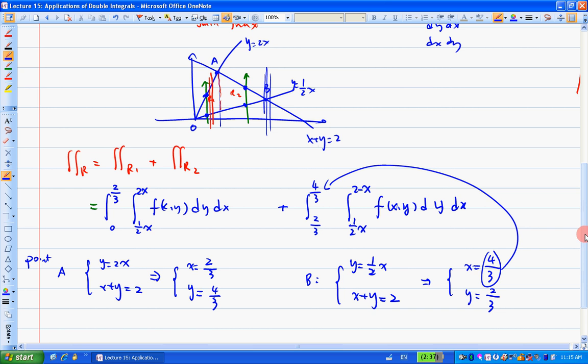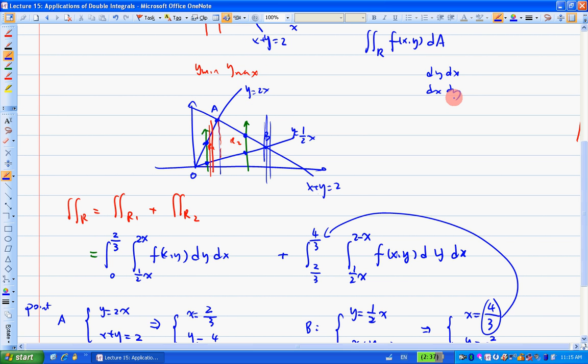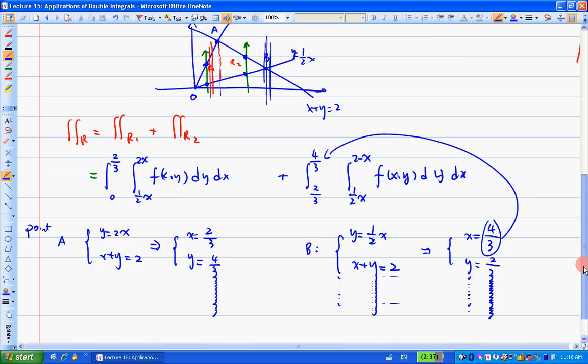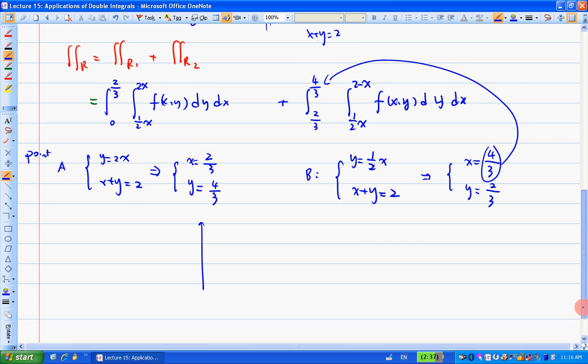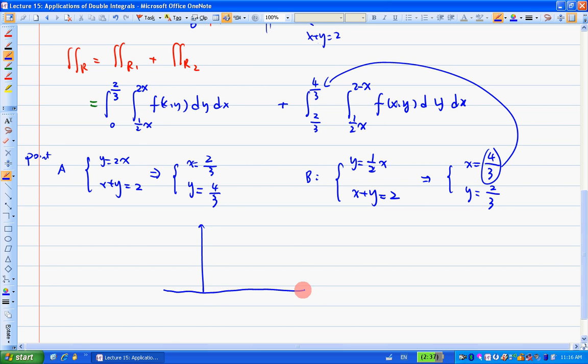What if you decided to integrate dx dy, this order, instead of dy dx? Okay? And then how would you deal with this region? So you can take a look at this one here, just initial thoughts. Here's a region here, right?